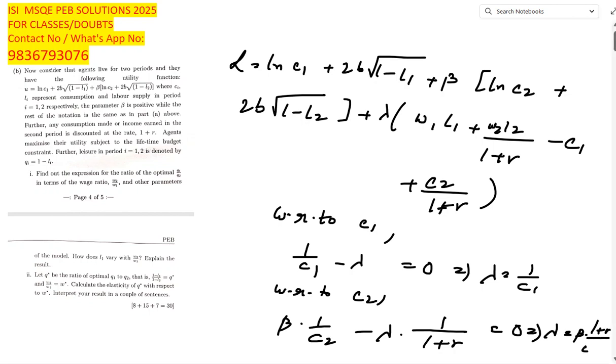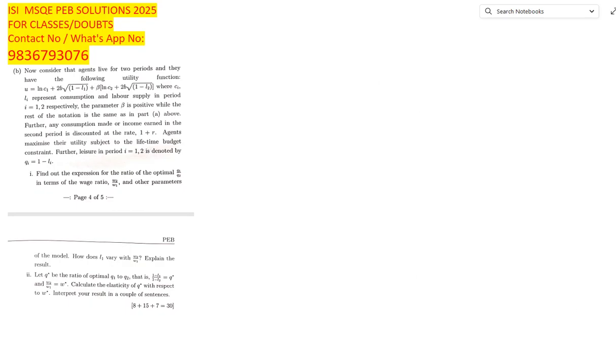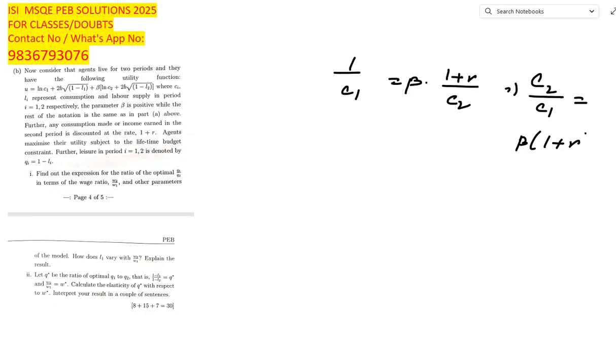If we equate the two expressions, then we get 1 by C1 is equal to beta 1 plus R by C2, or C2 by C1 is beta times 1 plus R. And with respect to L1 and L2 we will find out also.